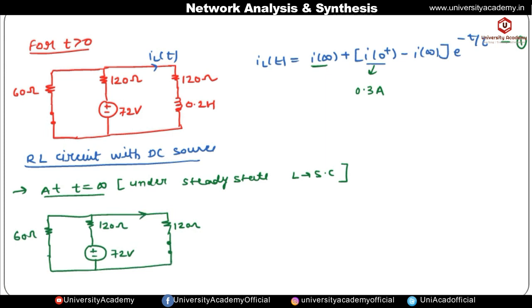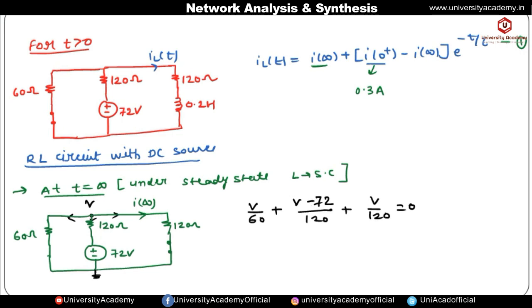Then the current flowing through the inductor will be given by I of infinity, and we have to find out the value of this I of infinity. Again we can solve this using the nodal analysis. Suppose this is reference node and the potential at this point is V, then you have to mark the current in the outward direction. Then we have to find out the value of this V. So this is given by V by 60 plus (V minus 72) by 120 plus V by 120 is equal to 0.